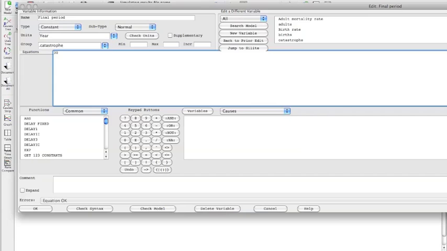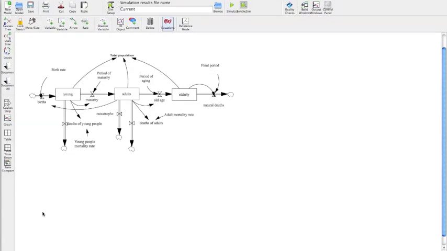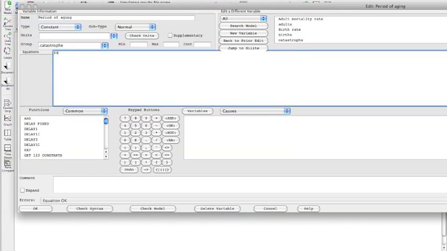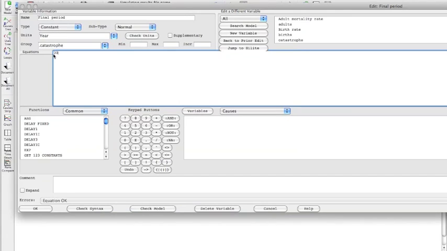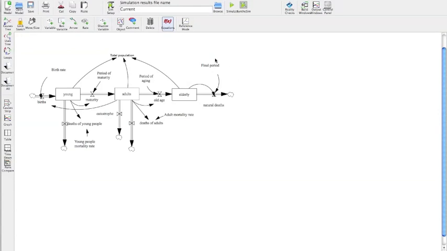After they become elderly, actually I don't think there's a period of aging here that I didn't go through. 60 years. So at 60 years, an adult becomes an elderly, and 30 years after that, it can be considered to die due to natural causes. So that's the way people die of old age.